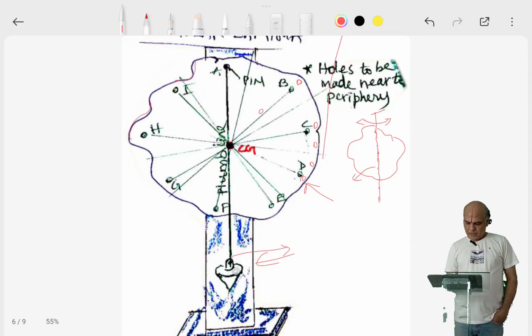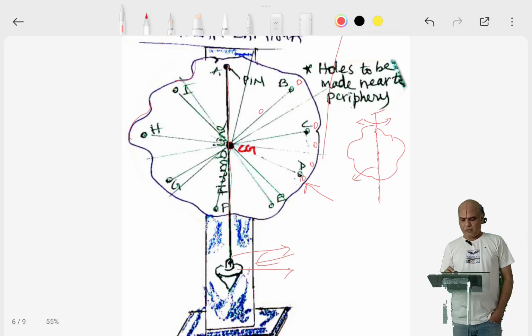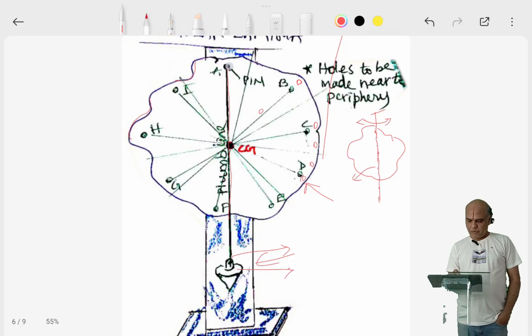A plumb line has a conical weight at the bottom, and its string is tied to this peg. When you allow it to rest, this string depicts the vertical line at point A1. If you draw a line along the string, the CG is bound to be present on this line.